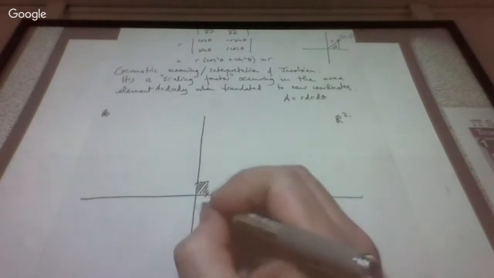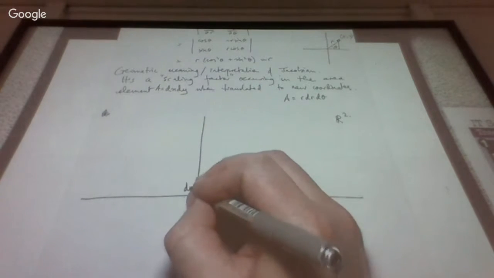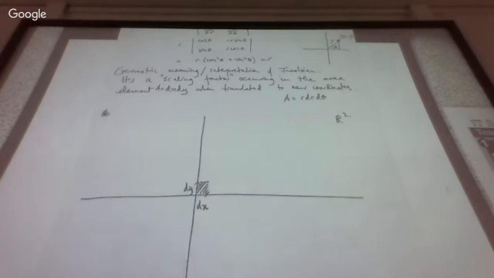Okay? Just got dx and dy. Now this kind of picture shows you starting with the values x and y equals 0 and changing them a little bit. Changing x to something small and positive, changing y to something small and positive. And the space in the domain that's covered by those changes is a little rectangle.